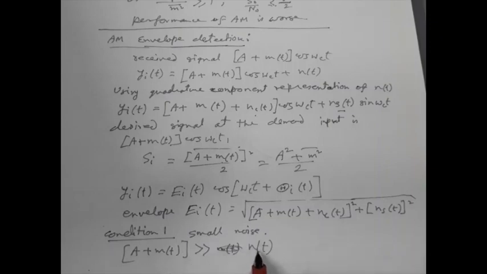So obviously A plus m(t) will be much greater than nc(t) as well as ns(t). So we can write e_i(t) approximately A plus m(t) plus nc(t). This part, ns(t), will be neglected.